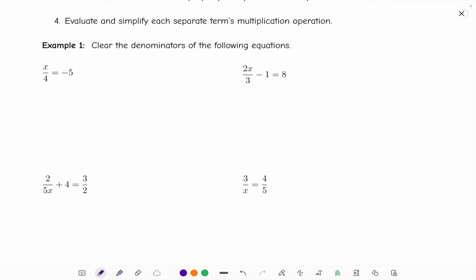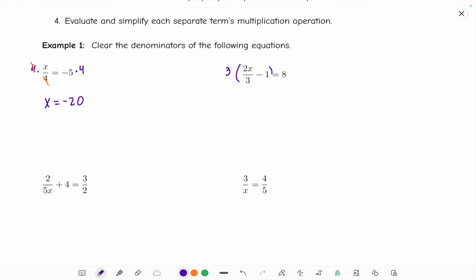So for the first one, there is only one denominator, so I'm going to multiply by 4. When we multiply by 4, the 4 cancels out on the left-hand side, and we get x equals negative 20. Now for the second example, again, there is still only one denominator, so we multiply by 3.